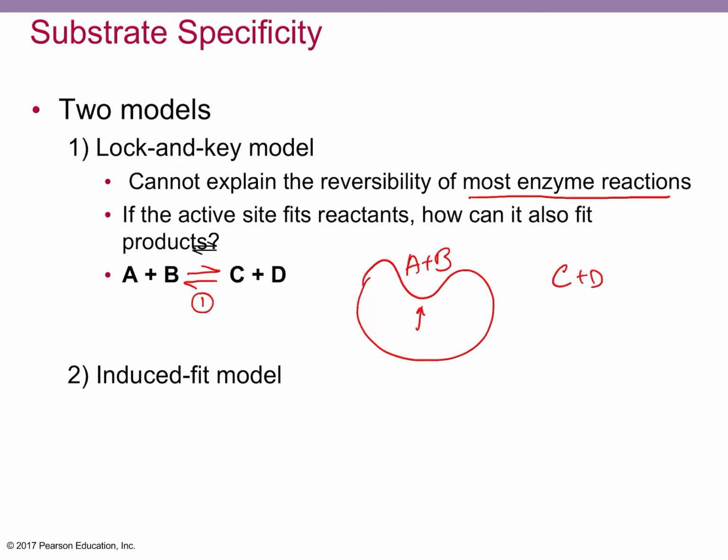But in fact, most enzymes are reversible, which means that C plus D, the products, should also be able to bind to that active site. So if you have a reversible reaction, the enzyme should be able to fit A plus B as well as C plus D. So that brings us to the induced fit model.